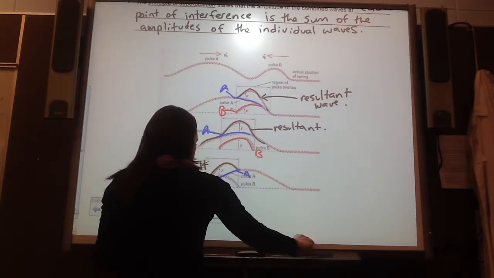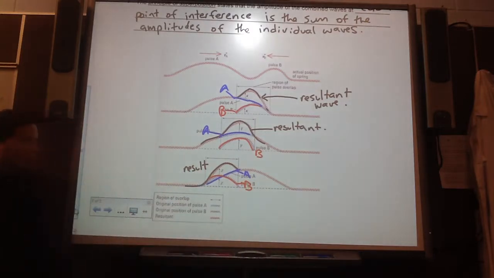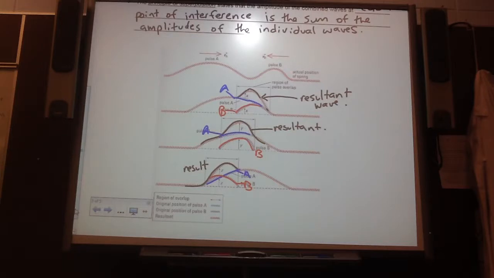A, and here's the B. The main thing I want you to get from this is that the two add up to make the bigger one. So this is constructive interference. So it's not necessarily doubled, but it's whatever those two waves are added together.